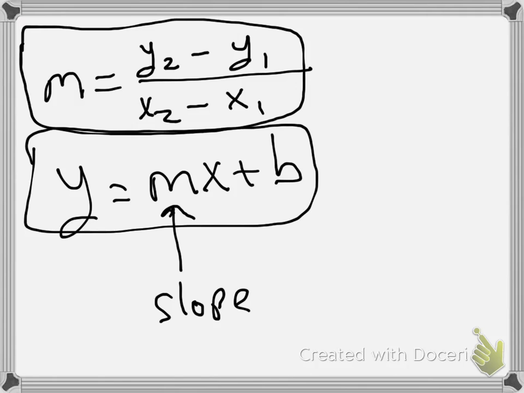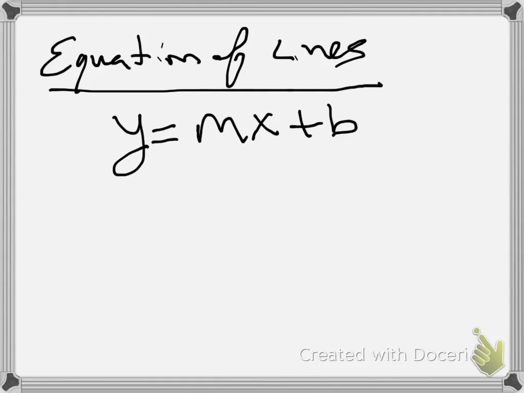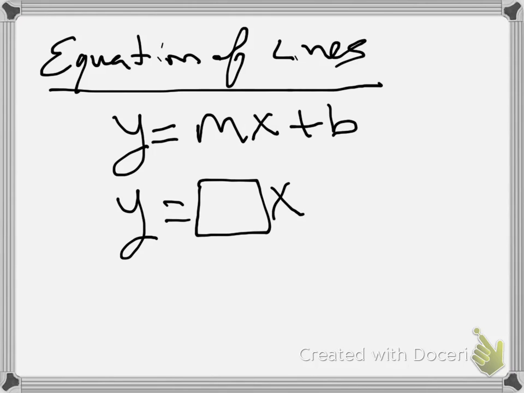So sometimes we can write an equation of the line just from some of the information that they give us. The equation of the line is the y value equals the slope times the x value plus this other value, which happens to be the y-intercept, where it hits the y line.